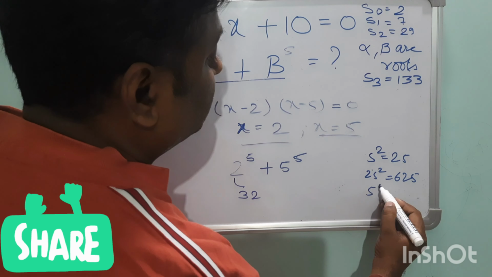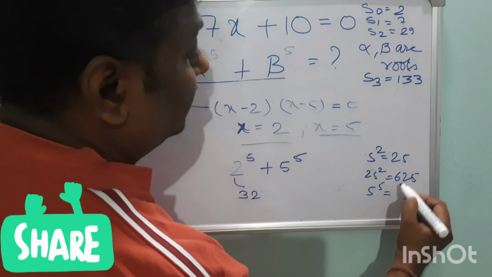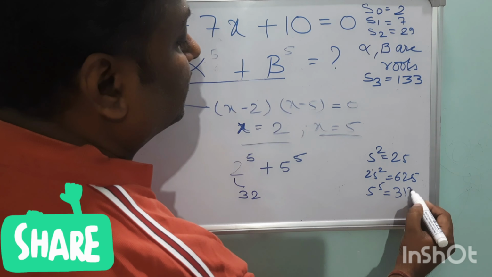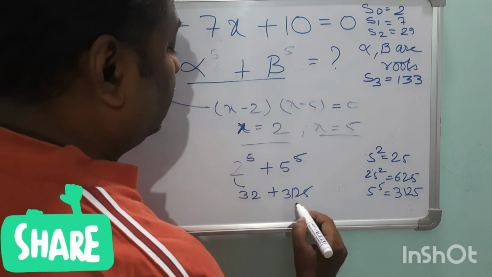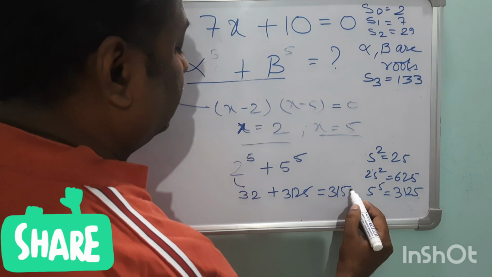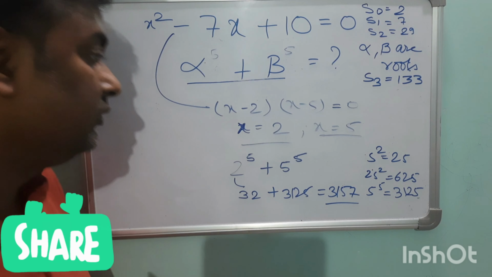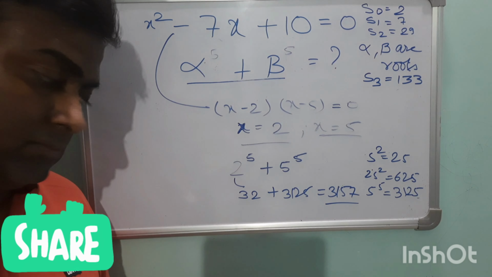So 5 raised to power 5 will be 5 times this, so that will be 3125. So this will become this. So this is another approach.